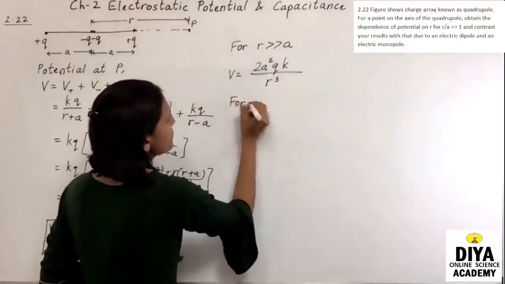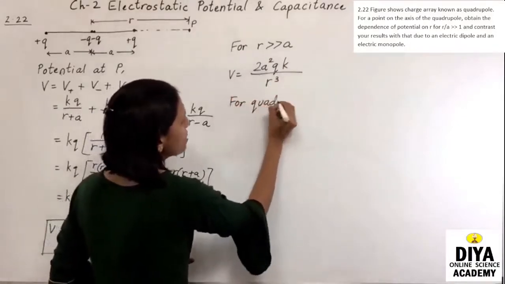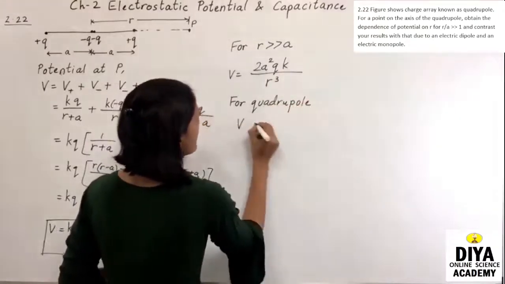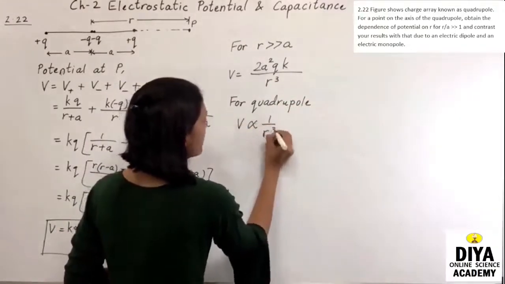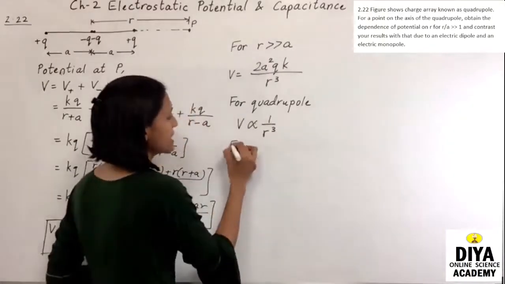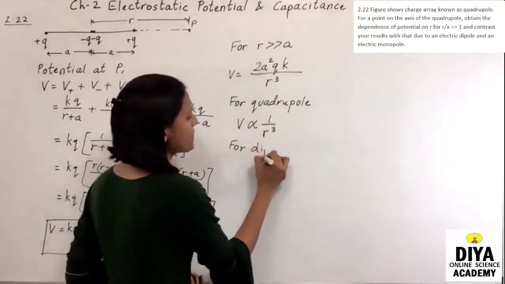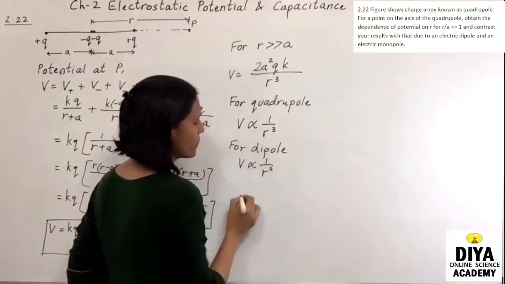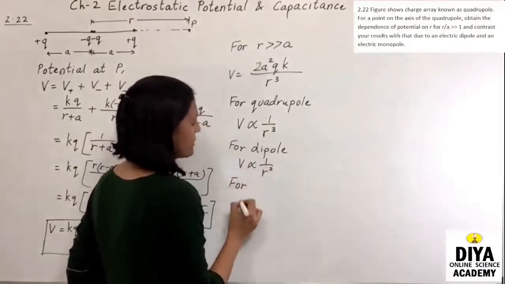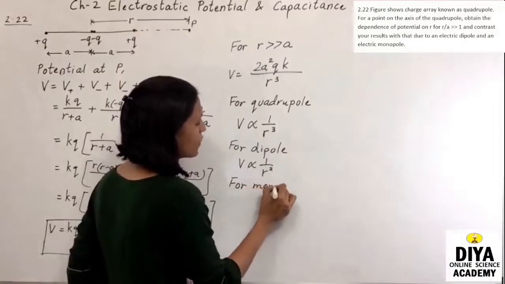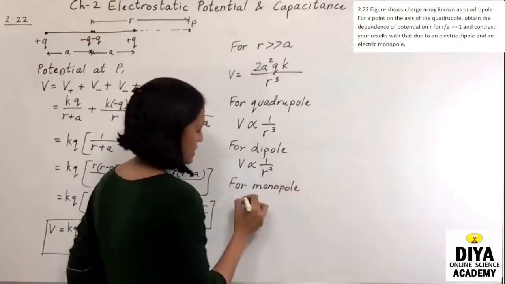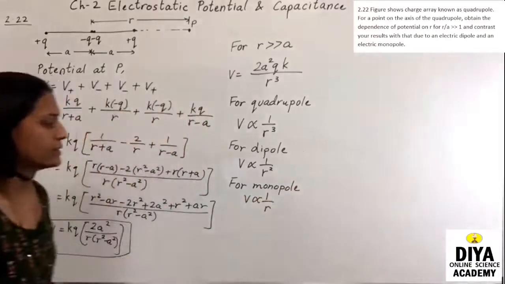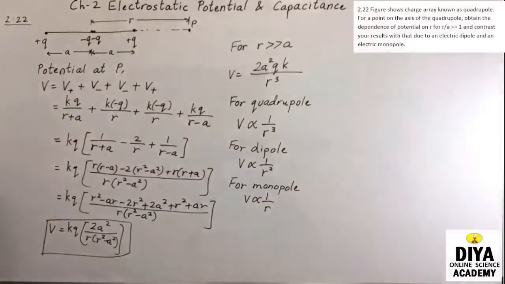That means for quadrupole, V is proportional to 1 upon R cube, whereas for dipole it was proportional to 1 upon R square, and for monopole, that means for single charge, V is proportional to 1 upon R. So these are the answers.